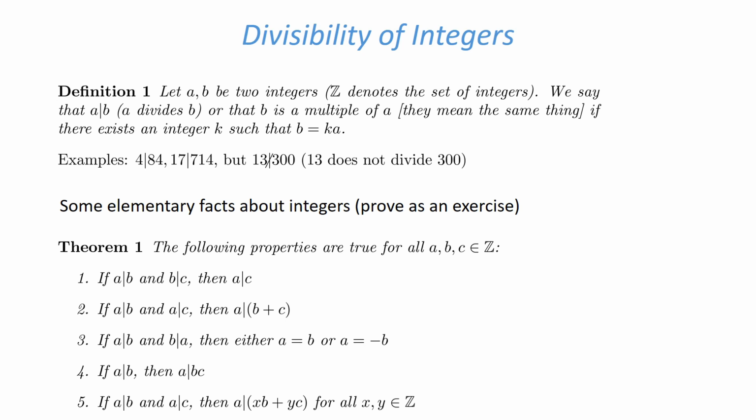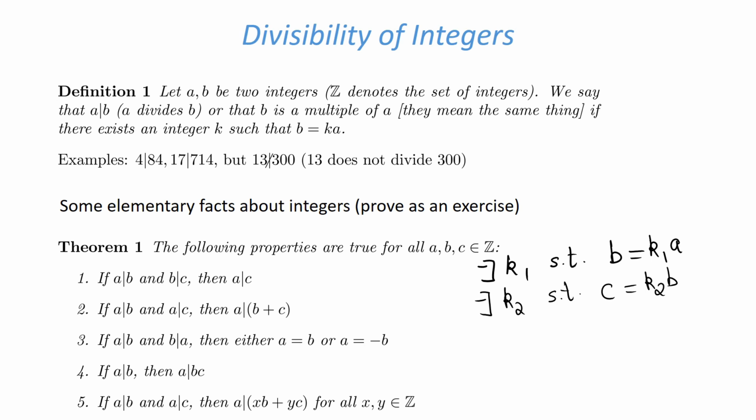So we have that a divides b and b divides c. What does this mean? This means that there exists an integer k1 such that b is equal to k1 times a. And also there exists an integer k2 such that c is equal to k2 times b.